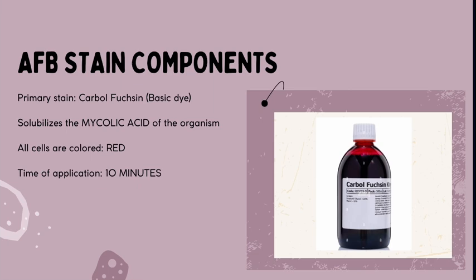The time of application for this component is approximately 10 minutes. To prepare carbolfuchsin, you need to dissolve 50 grams of phenol in 100 ml of 95% ethanol. Then dissolve 3 grams of basic fuchsin in the mixture and add distilled water to bring the volume up to 1 liter.